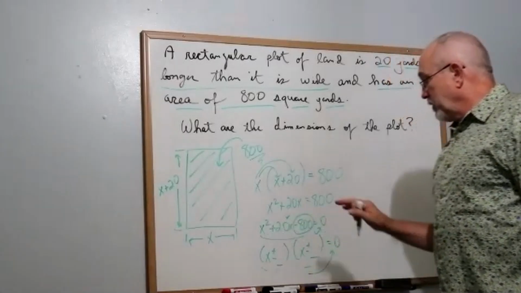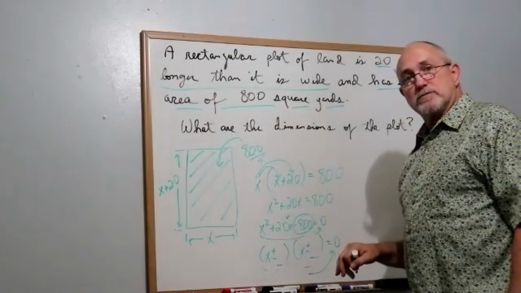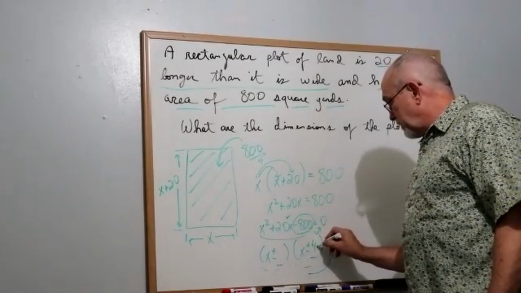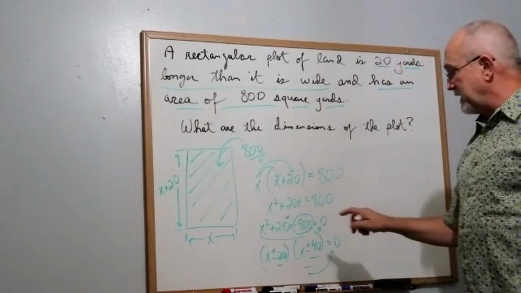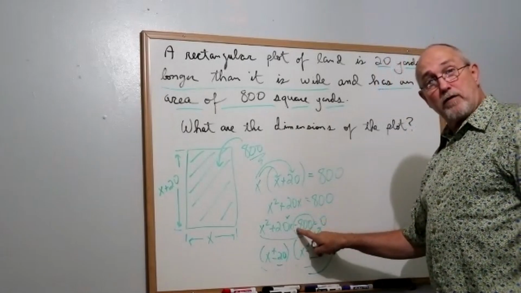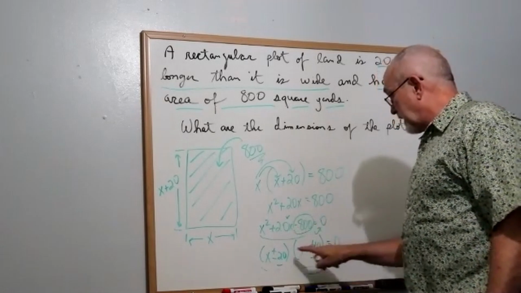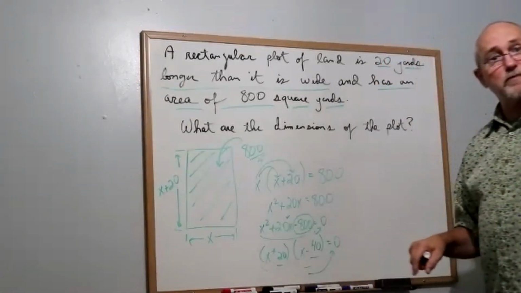So what two numbers, when multiplied together, equal 800? Well, I'm going to say 40 and 20 equals 800, but one of them has to be negative because a negative times a positive equals a negative. So I'm going to make that negative 40 and 20, and then we're going to test it to see if we picked the right two numbers.